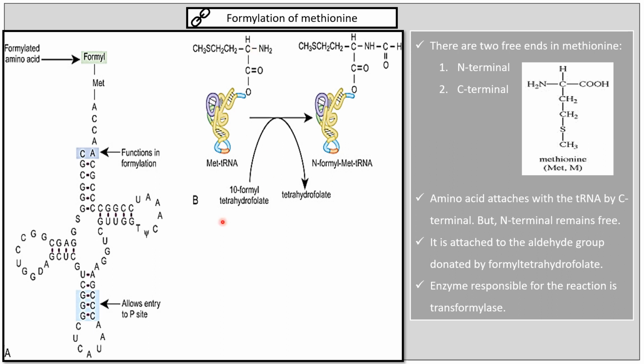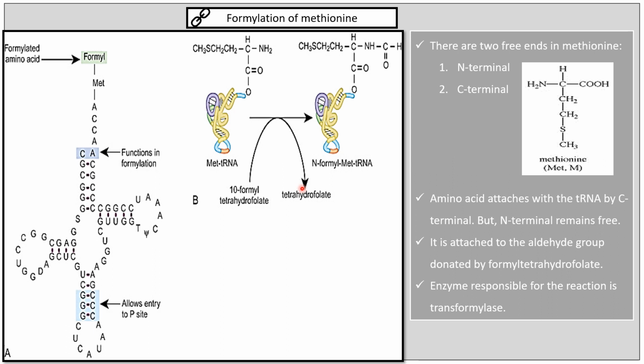So, here the formyl tetrahydrofolate donates its aldehyde group to the met tRNA molecule, or we can say methionine amino acid, and converts it into N-formyl met tRNA. Here you can see the N terminal is attached with this aldehyde group which is donated by formyl tetrahydrofolate molecule. This particular reaction is catalyzed by transformylase enzyme.